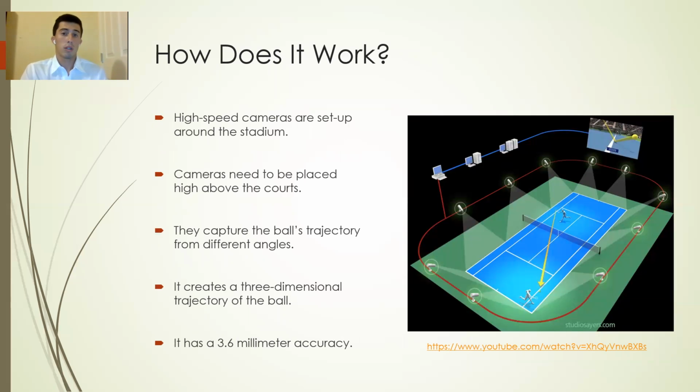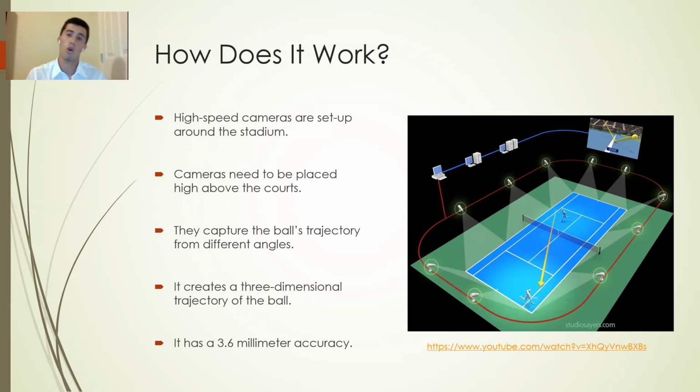How does it work? The Hawkeye technology is based on high-speed cameras that are set up around the stadium, way above the court. As you can see in the images, the cameras track everything on the tennis court, and they are mainly used to capture the ball's trajectory from different angles. It creates a three-dimensional trajectory of the ball showing exactly the bounce.